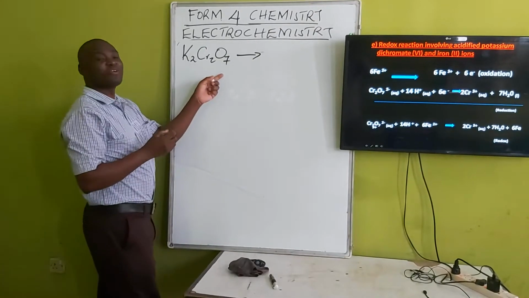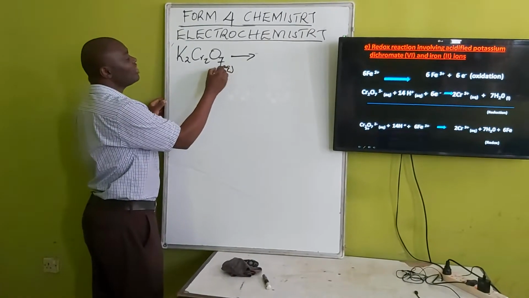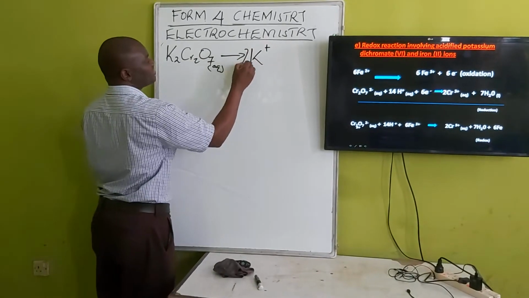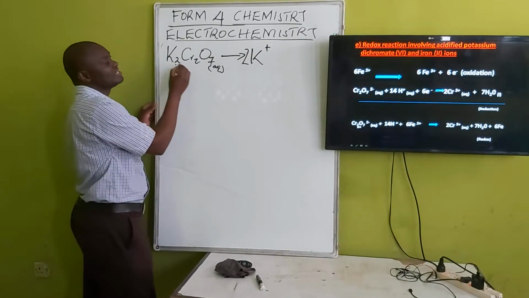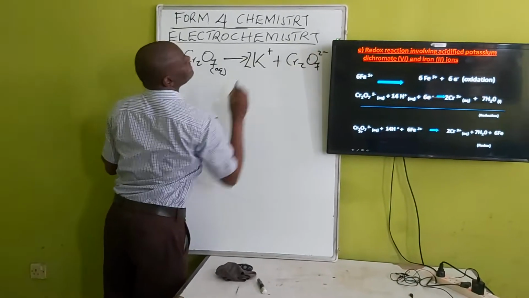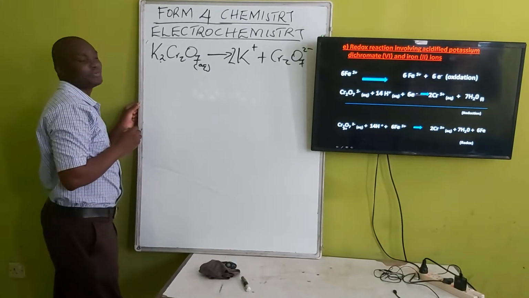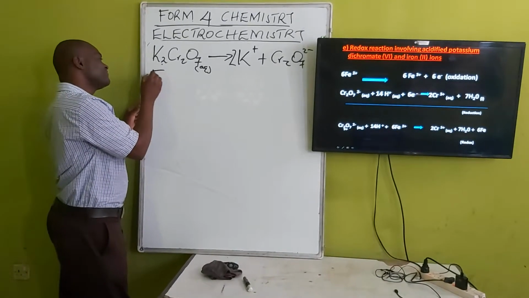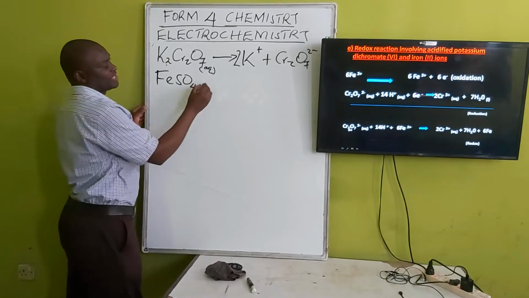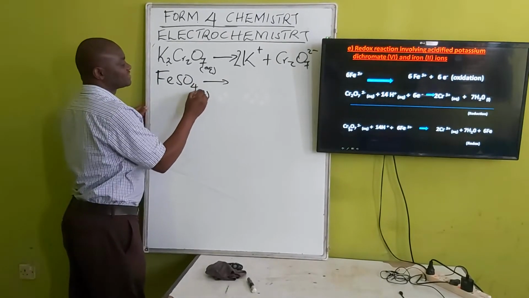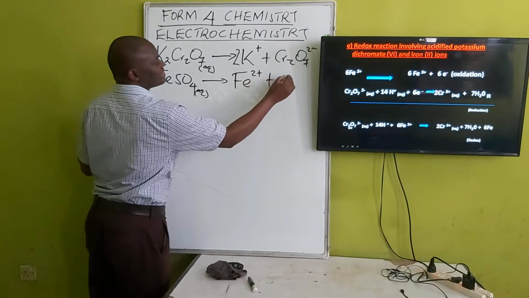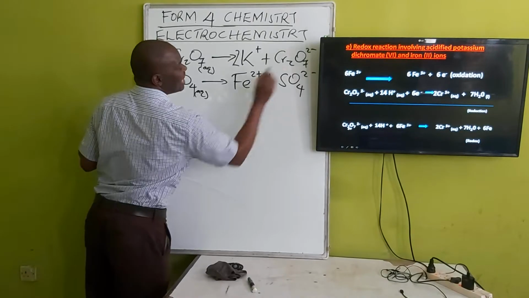Acidified potassium dichromate(VI) dissolves in water to give potassium ions, that is 2 potassium ions, and the dichromate(VI) ion. If, for example, you are reacting it with iron(II) sulfate, then the iron(II) sulfate solution contains iron(II) ions and sulfate ions.